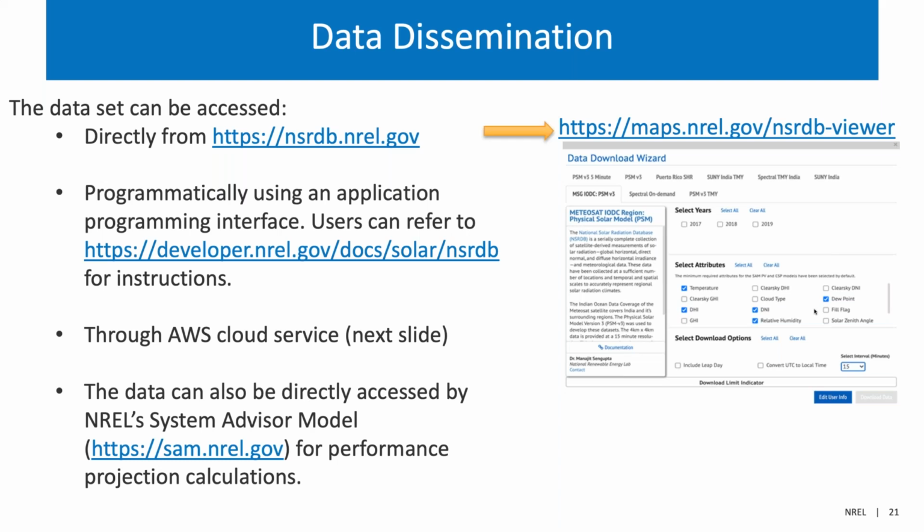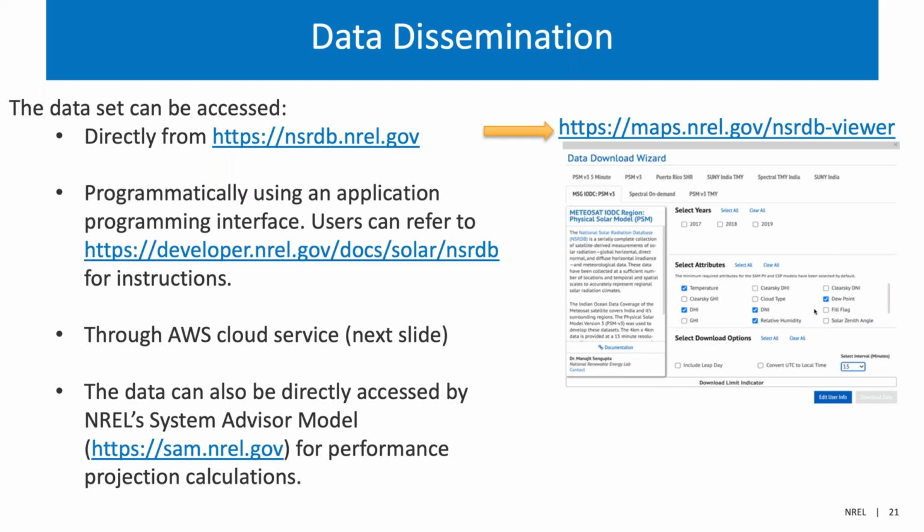maps.nrel.gov/nsrdb-viewer, which allows for downloading the data through a user interface that is accessible to just about anyone. We also offer some programmatic methods for downloading the data, which I'll talk about in more detail, but essentially there are a couple of different HTTP-based APIs that people can use. One of them is based on a service developed by the HDF5 group called HSDS, and the other one is more of a traditional API that we at NREL have written.